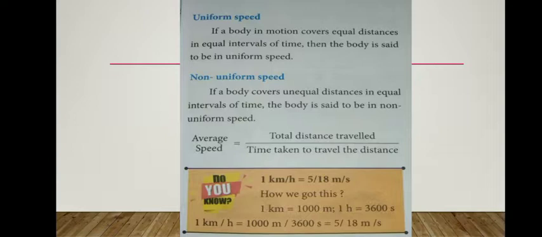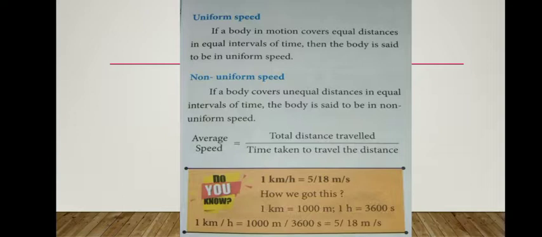For example, you are coming from home to school, and it takes 15 minutes. Each 5 minutes you travel the same distance in the same interval of time, and that we call uniform.